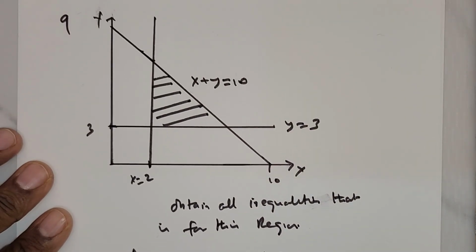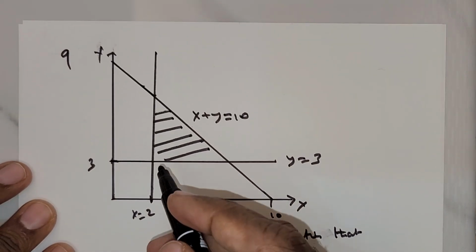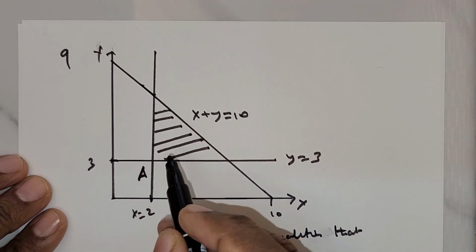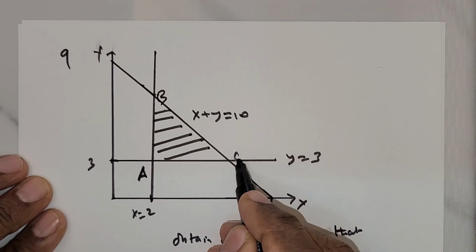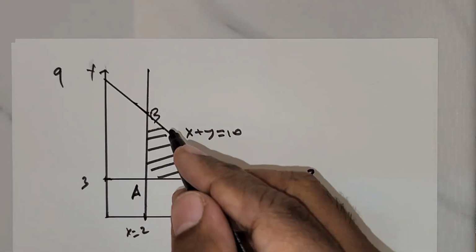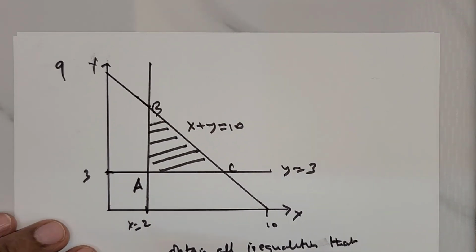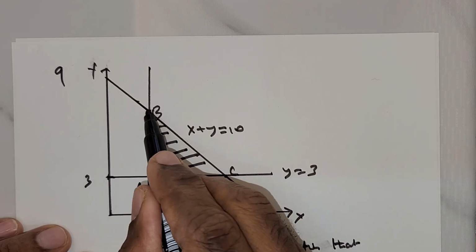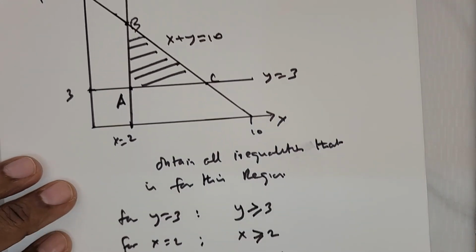So how are you going to do this question? Now you just observe this region. Say probably you can have this as A, B and C. So what do you see? You see a triangle. Now in the triangle, the maximum and the minimum points are associated with the vertices.